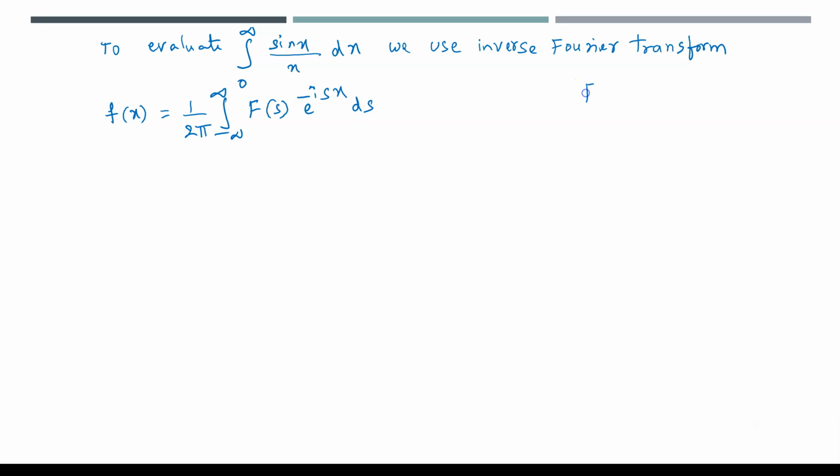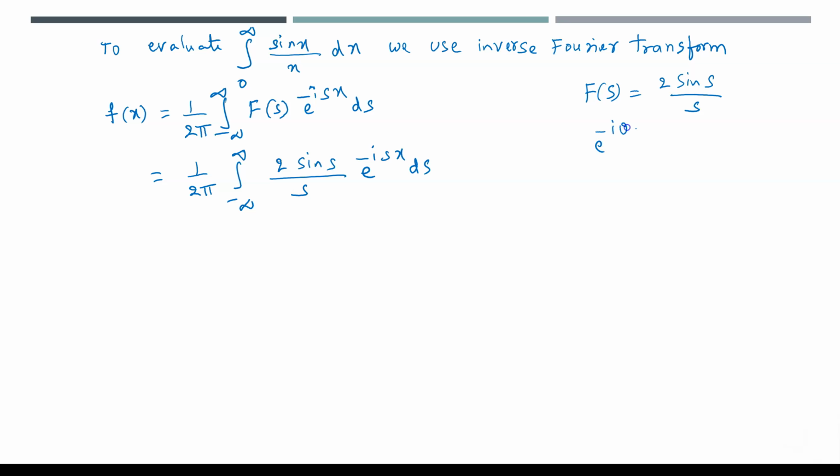Here F(s) we have evaluated, the Fourier transform 2 sin s upon s, so we can write that here: 1 by 2 pi integral from minus infinity to infinity of 2 sin s upon s into e^{-isx} ds. Okay, now e^{-iθ} can be written as cos θ minus i sin θ.